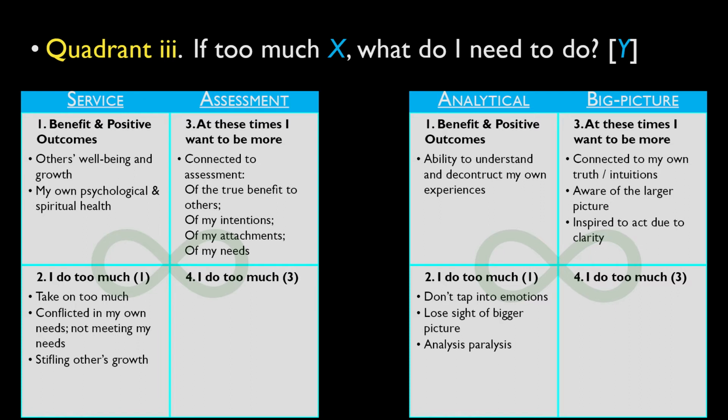This indicates the complementary polarity, which we've called Y. If I do too much service, I need to be more connected to assessment. Assessment of the true benefit to others, of my own intentions, my own attachments, and my needs. So assessment balances out service.